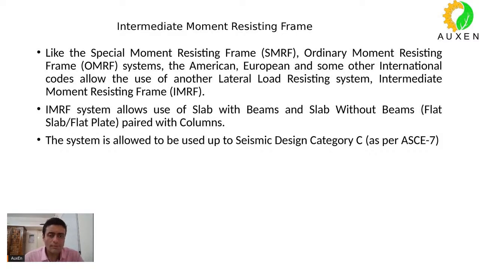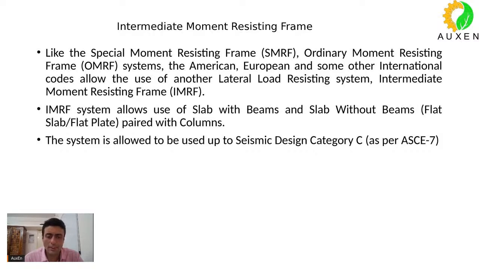If someone can tell me, we can use OMRF up to which seismic zone in the Indian context, if I have to go with an ordinary moment resisting frame, I can use it up to which zone as per the IS 13920. No, I should say as per the IS 13920.